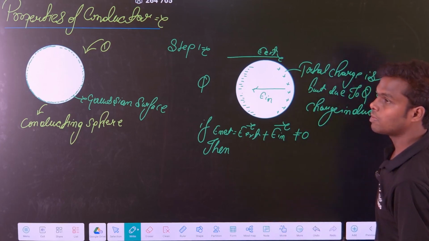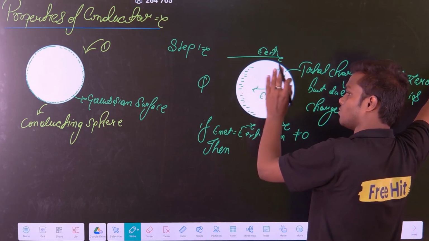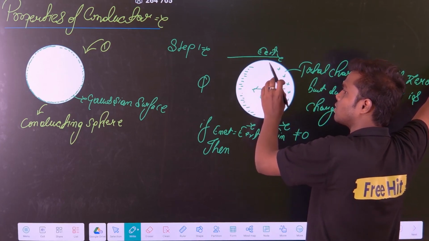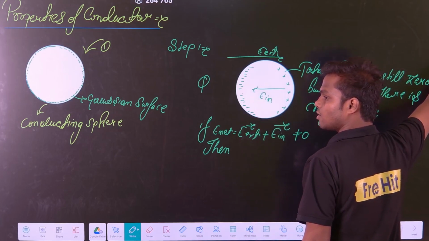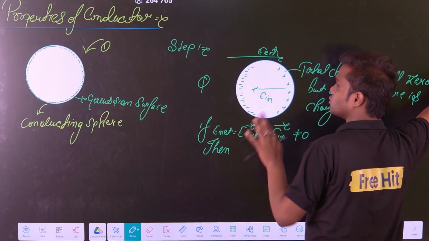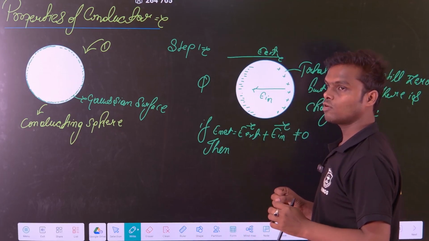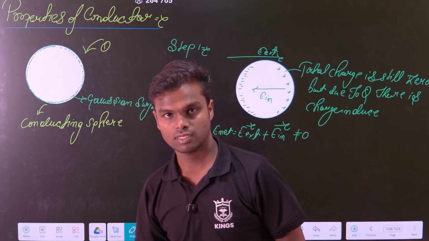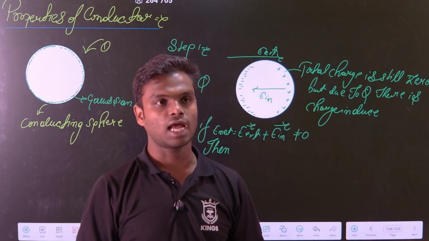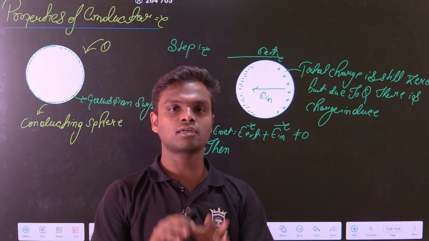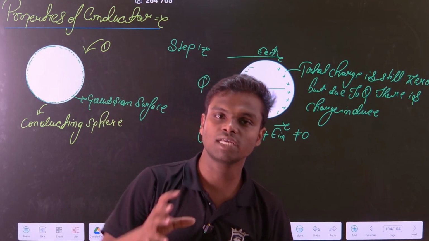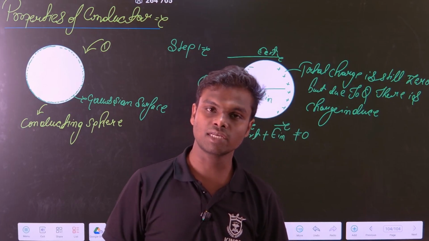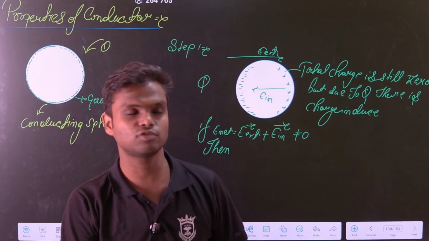The electrons are present inside this conductor, so there will be some force experienced by the electrons. So this electron will move, and it will try to make the conductor neutral and make the total electric field equal to 0.